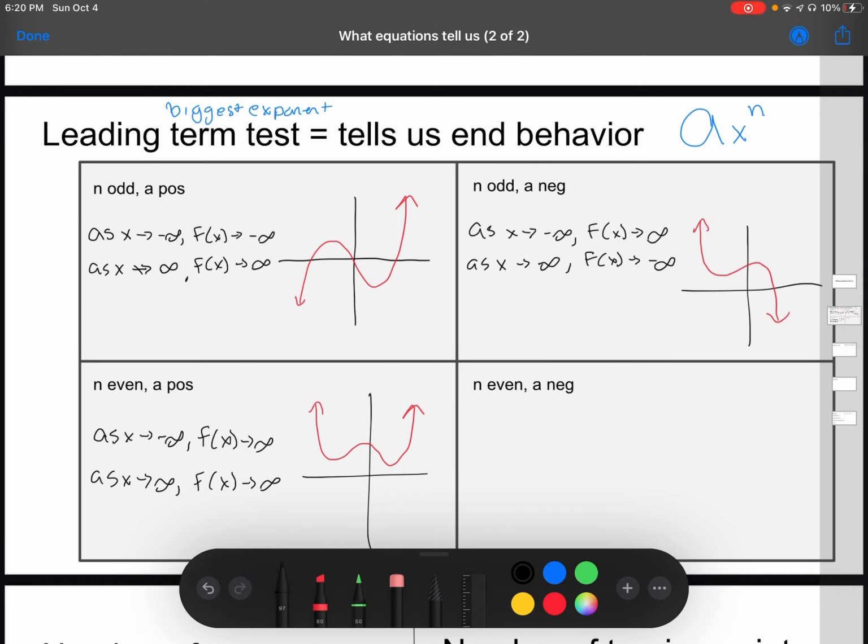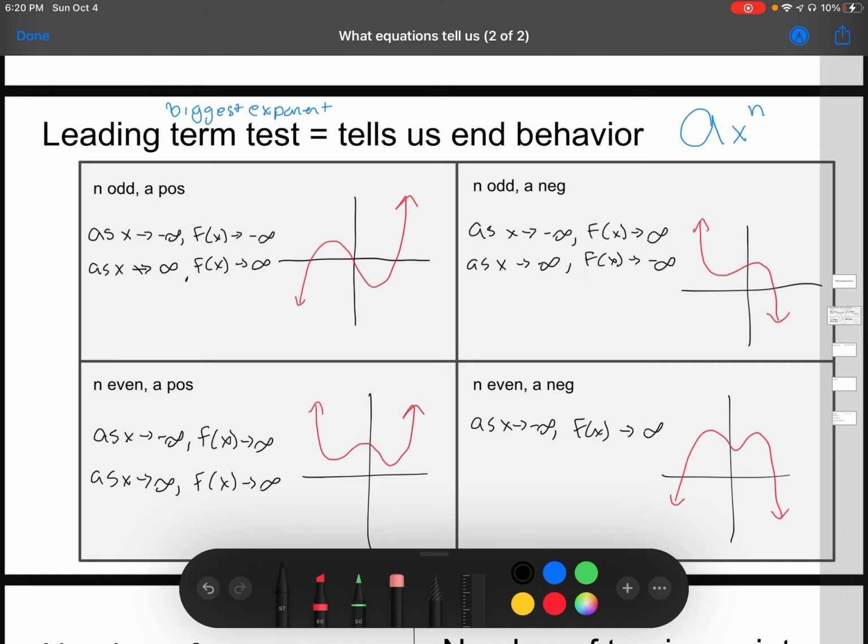And for the last one, n is even and a is negative, both go down. I did those backwards. Those should say negative infinities.